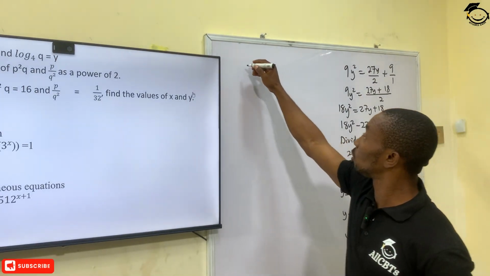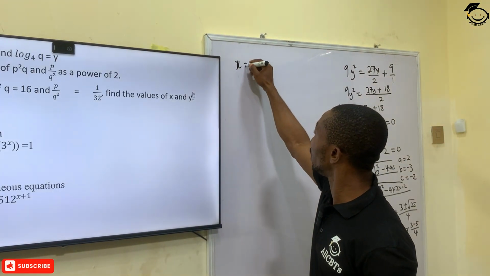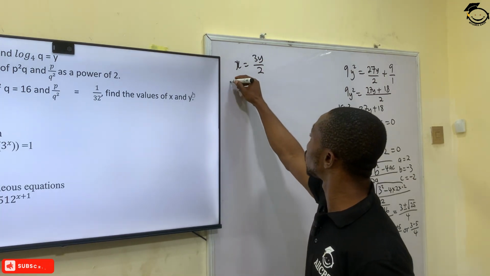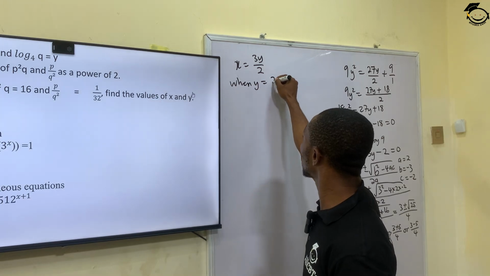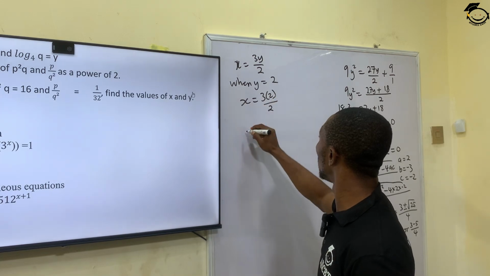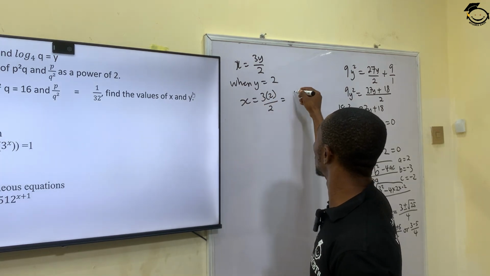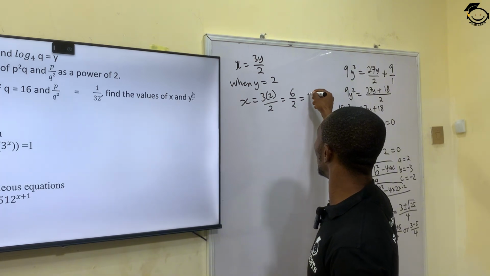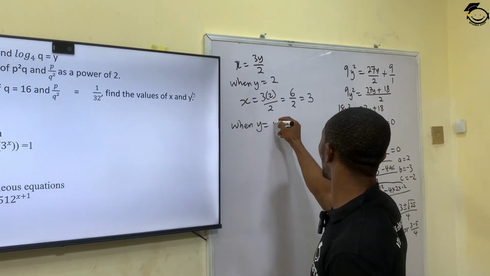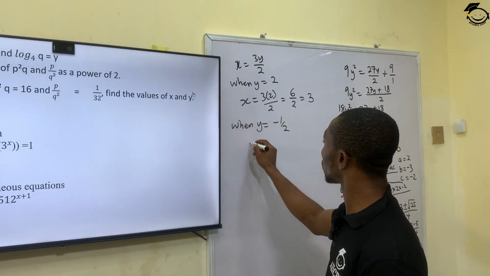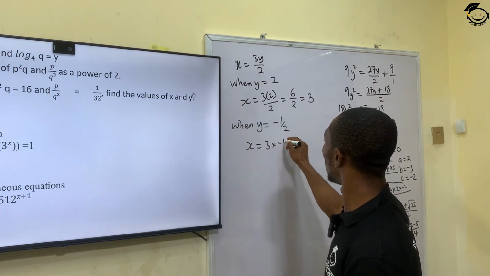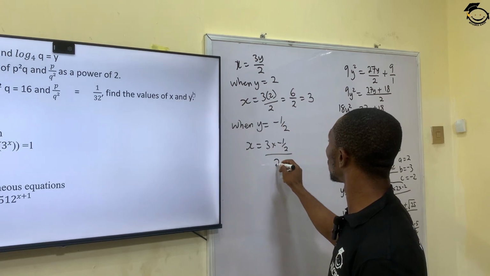Now, substituting, recall that our x equals 3y over 2. All right, so when y equals 2, x will be 3 bracket 2 over 2, which will give us 3 times 2, 6 over 2, which will give us 3. And when y is minus 1 over 2, this leaves us with x equals 3 times minus 1 over 2, all over 2.